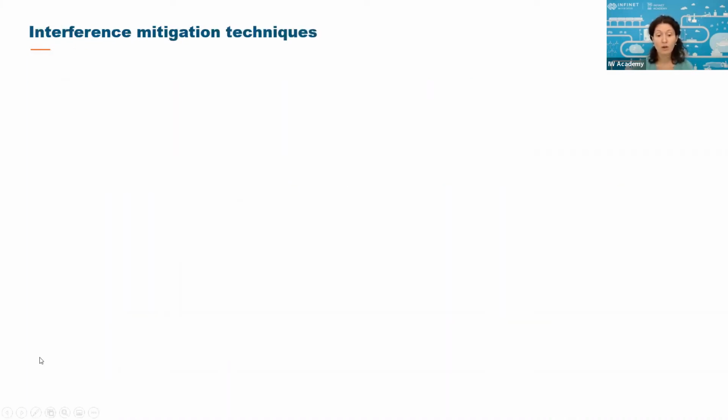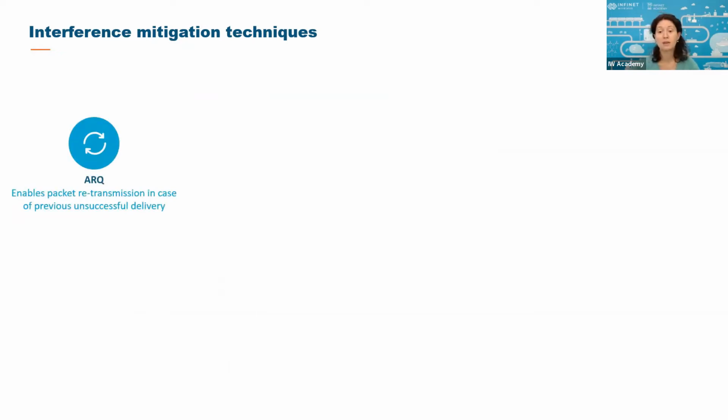Let's now move forward and review the interference mitigation techniques available for the Infinet Wireless units. Let's begin with ARQ, a technology which enables packet retransmission in case of previous unsuccessful delivery. ARQ allows achieving reliable connectivity even in a highly congested spectrum.